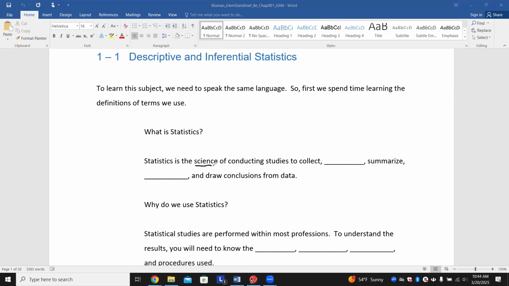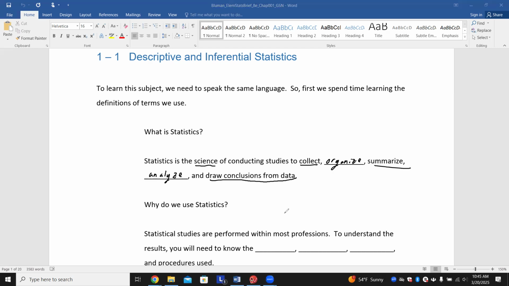It is a science of conducting studies to collect, organize, summarize, analyze, and draw conclusions from data. Why do we use statistics? Well, statistical studies are performed within most professions.